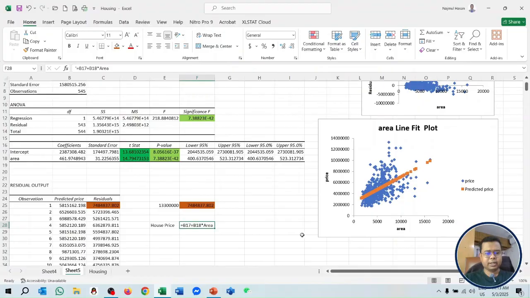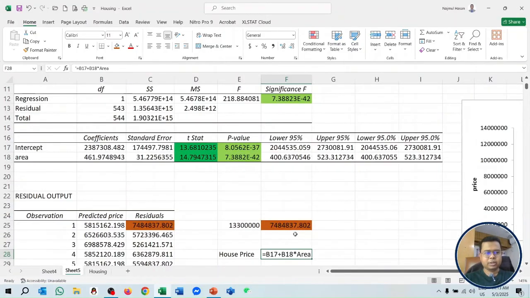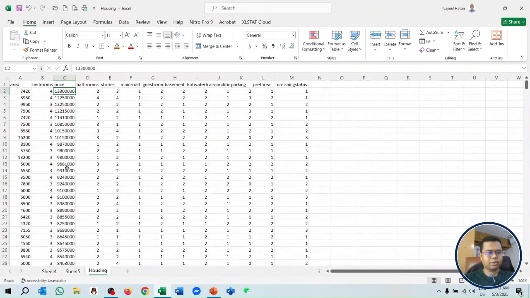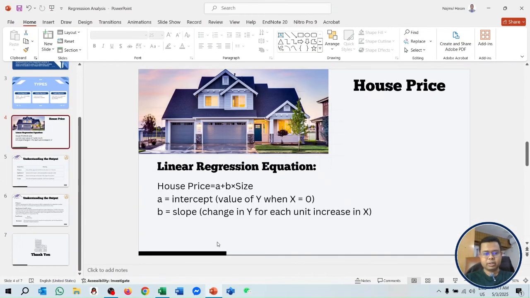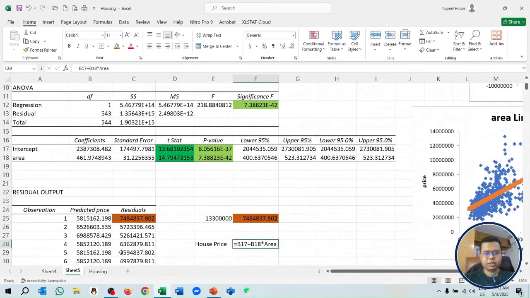So what is the area? Say for example here the area is 7,420. Just go to here, area equals 7,420, right? So this is the X.